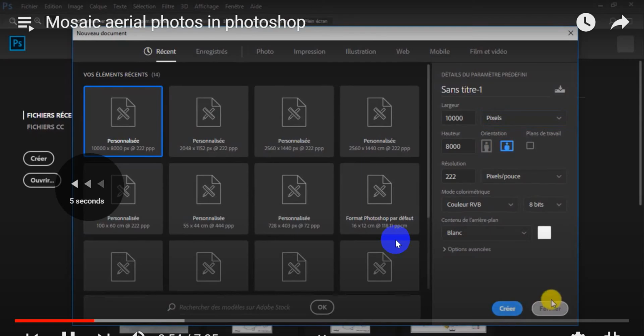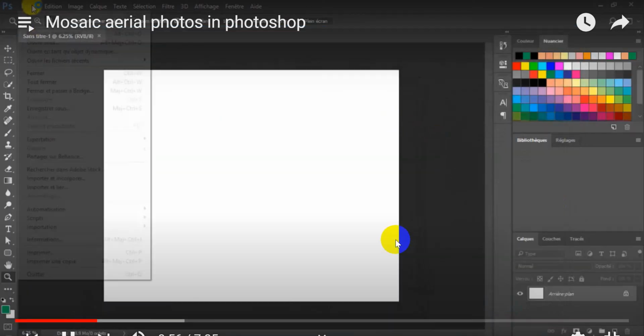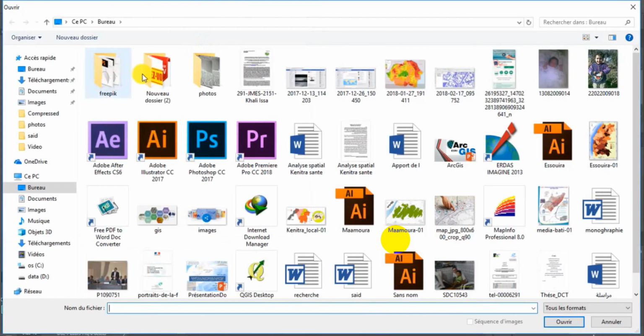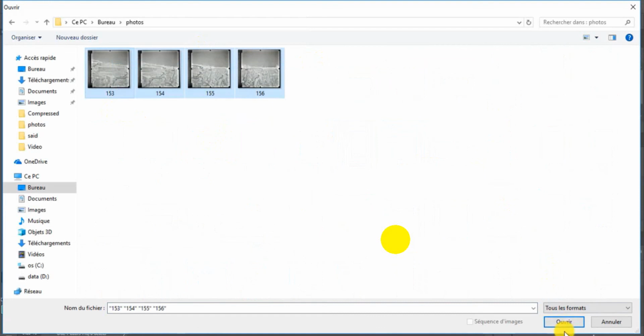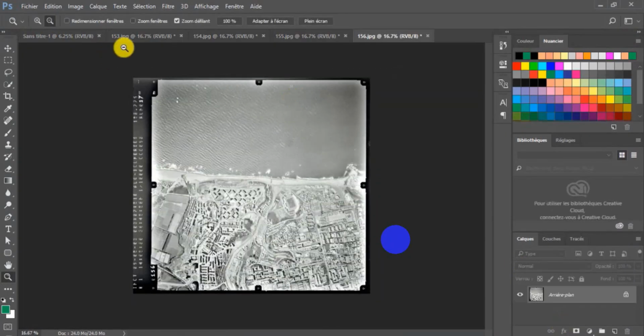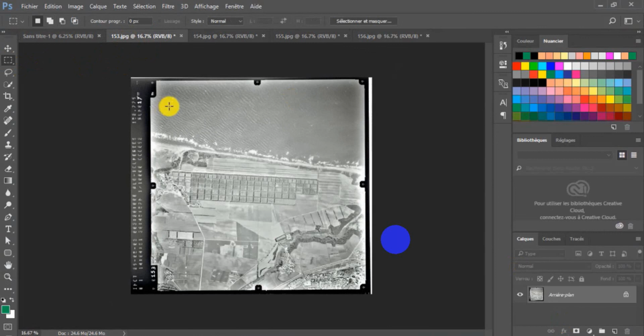See, mosaic. Mosaic means it's not exactly a three-dimensional view, just for reference purposes. Just photoshopping techniques.